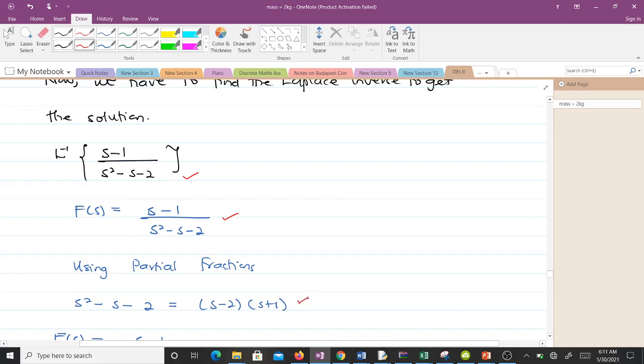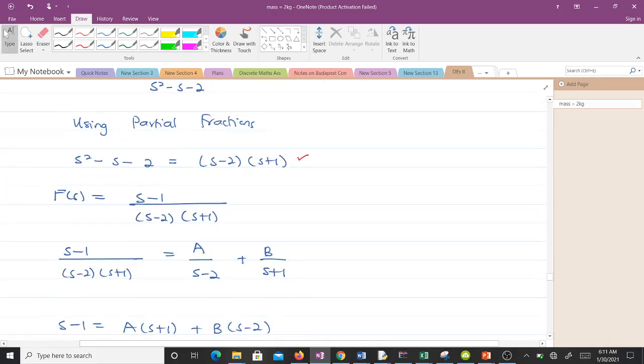Okay, so that means that instead of having s minus 1 over s squared minus s minus 2, we can have this. Then when we have this, we resolve it into partial fractions. So we have this here will be equal to a over s minus 2, plus b over s plus 1. So you should know how this is done from our first lesson.